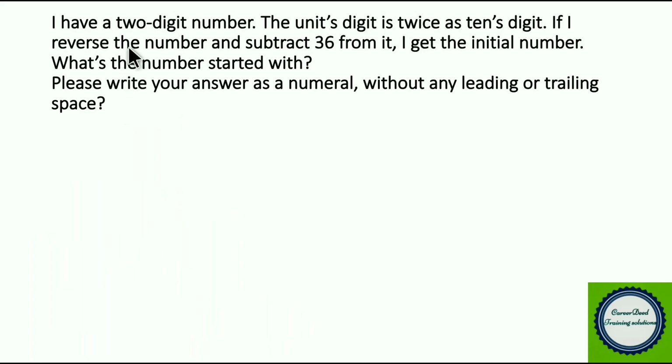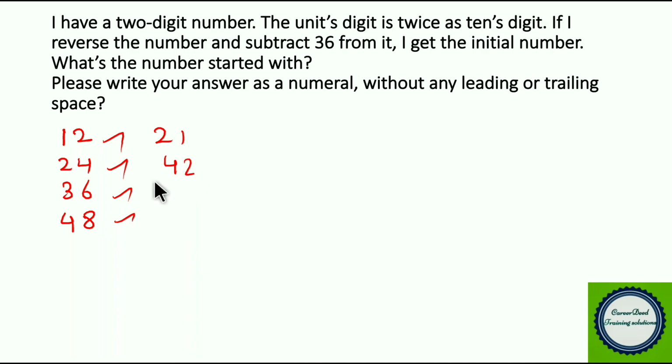Okay, so they said it is a 2-digit number. The unit digit is twice that of the tens digit. Now what are all the possibilities we have? You can write 12, or you can take 24, or we can take 36, or we can take 48. So you have only 4 possibilities. When you reverse it, you get 21, and here you get 42, and you get 63, and you get 84.